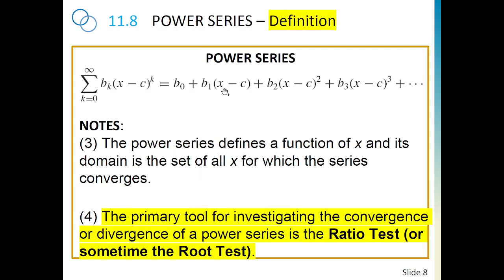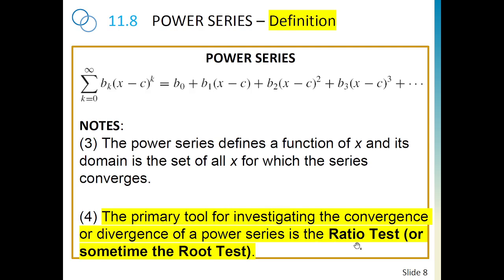As we said, x is a variable, so this series is now a function of x. And the domain is the interval of convergence, so the values of x for which this series converges. How do we find the interval of convergence? Well, we will use the ratio test.